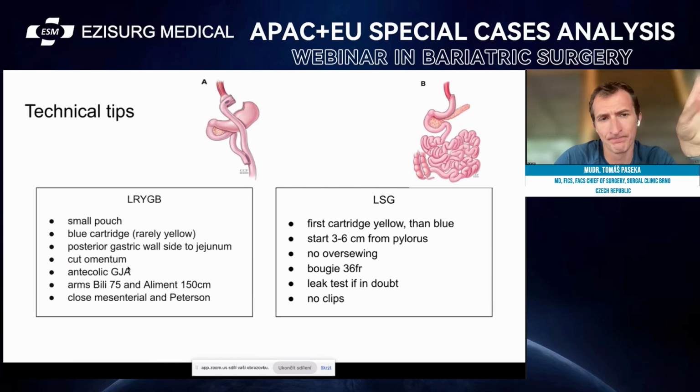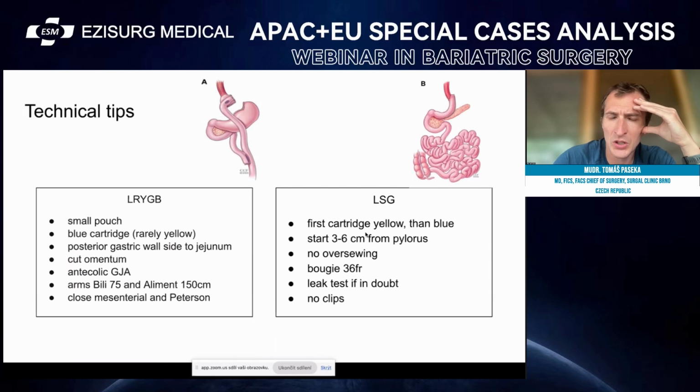We cut omentum to make sure that the antecolic anastomosis is without any tension. We construct usually a biliary arm of 75 centimeters and an alimentary arm of 150 centimeters. We don't measure the full length of the small intestine, and we meticulously close mesenteric and Petersen's defects to prevent internal hernia.